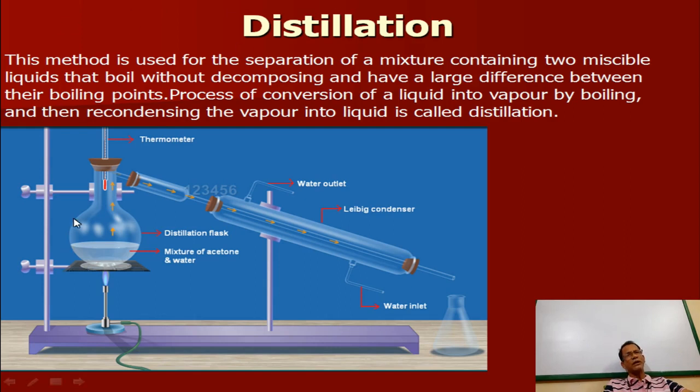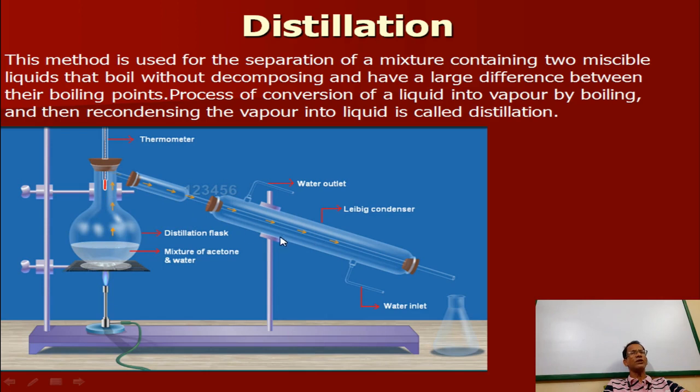You see the diagram here, it is a distillation flask. The mixture is taken in the distillation flask, and the flask is connected to the condenser, where the vapor will pass through. When the mixture is heated, the low boiling substance will produce vapor first. The vapor will pass through the condenser.